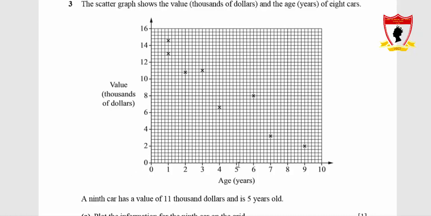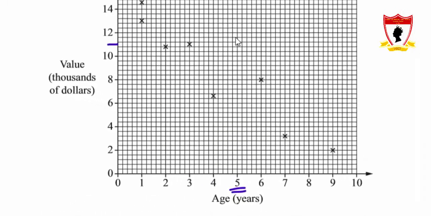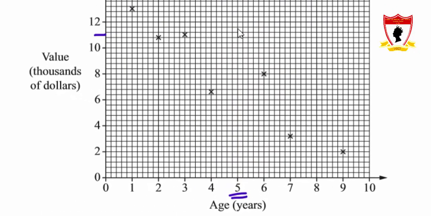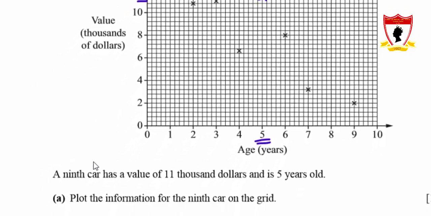So 5 years old and $11,000. Here is 5 and 11 is right here. It's between 10 and 12. Well, where they cross, it's around here. Then part A. Plot the information for the 9th car. We did.